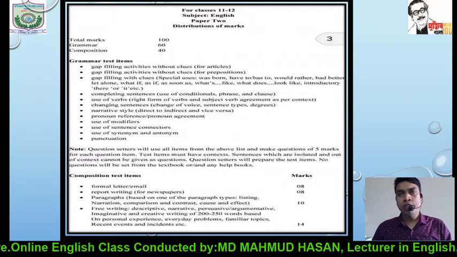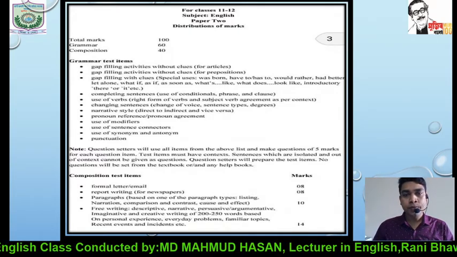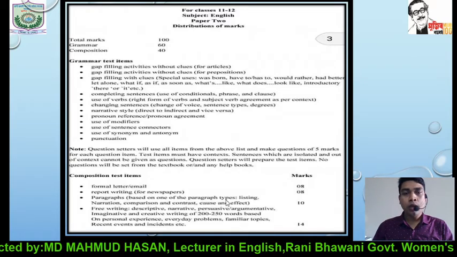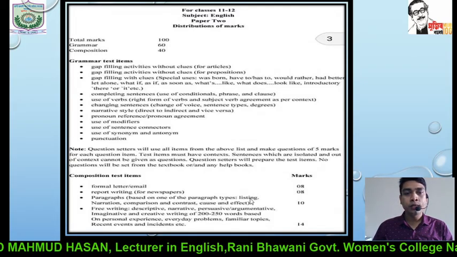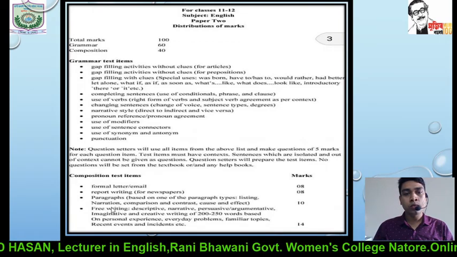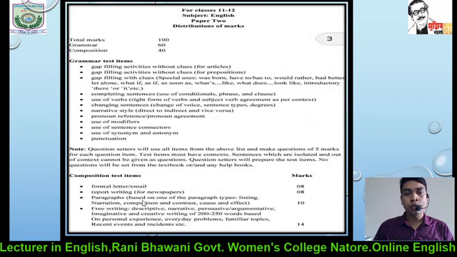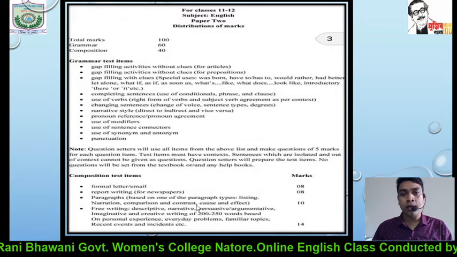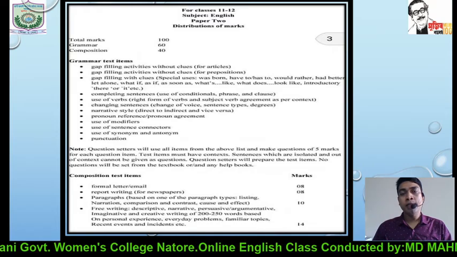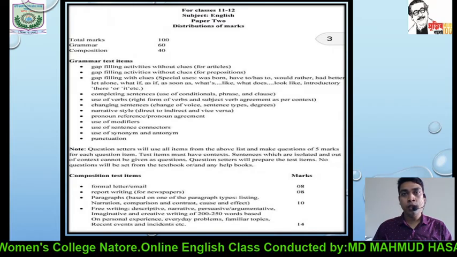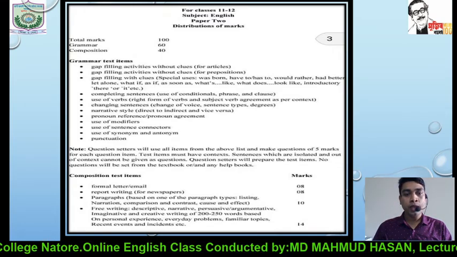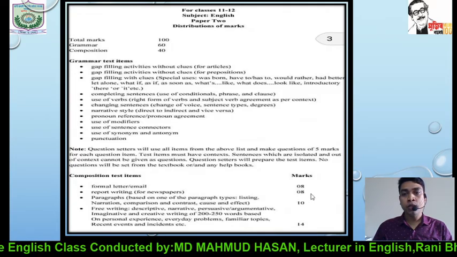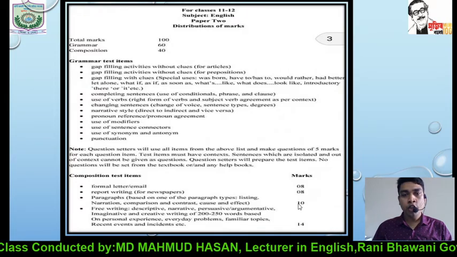There are different types of paragraphs: either it is listing or narration, comparison and contrast, cause and effect. Any type can be given in your exam, and you need to answer the paragraph. This question item will cover 10 marks.